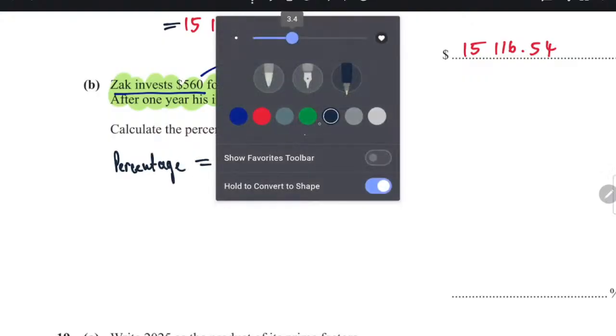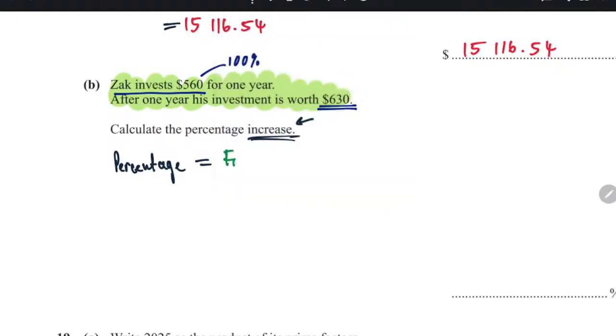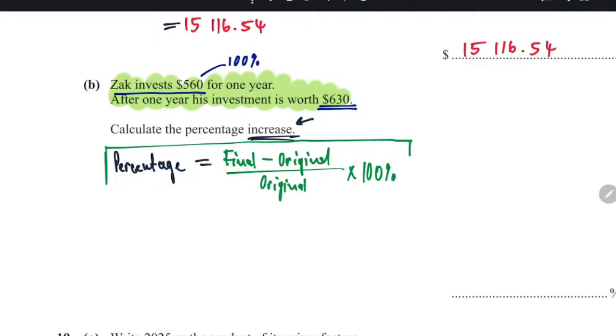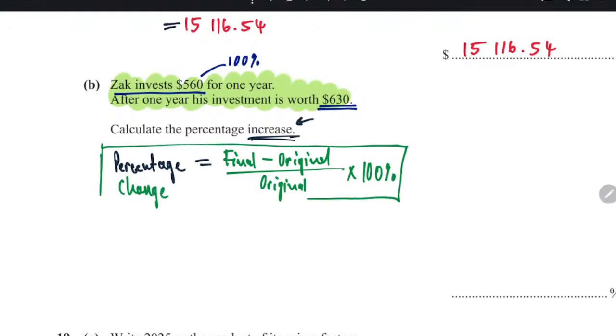Percentage change is equal to final minus original over original times 100%. This gives us the percentage change. Whether it's an increase or a decrease, you use this formula.